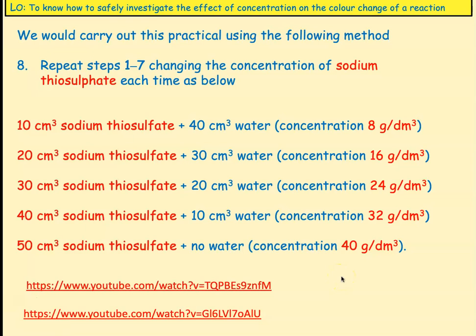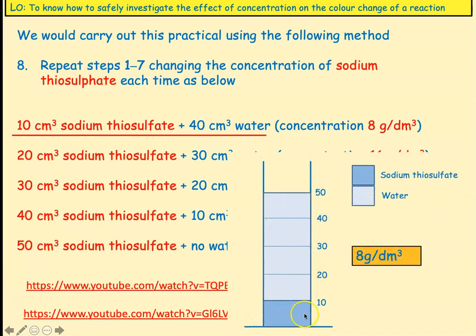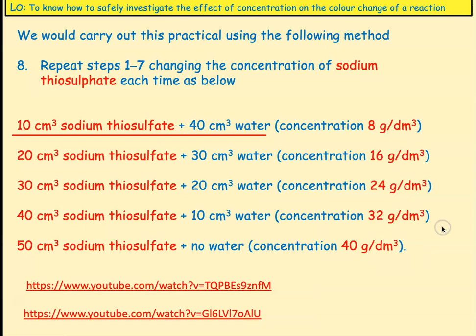Okay, so the first time, the one we've just described, we've got 10 centimeters cubed of sodium thiosulfate and 40 of water. Okay, so 10 of sodium thiosulfate, 40 of water, making 50 centimeters cubed. That makes 8 grams per decimeter cubed.